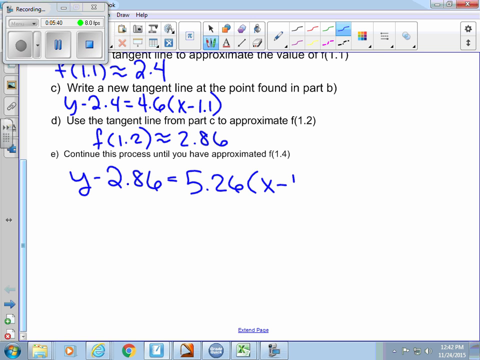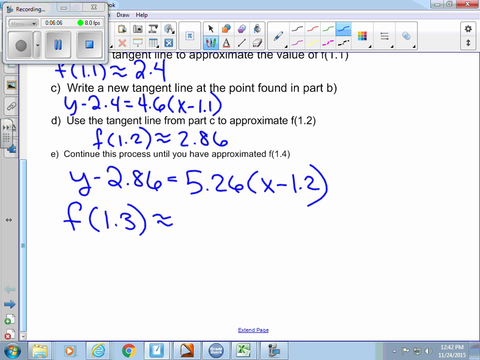Any questions so far? So I can find out 1.3. 0.526 at 2.86, so 5.26.